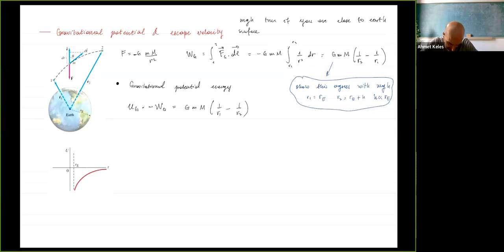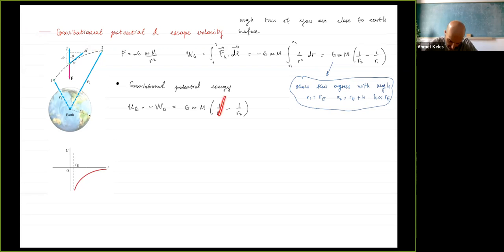And sometimes we say, okay, you can take the reference points. Take, for example, your reference point r1 to go to infinity. So what is your energy to bring an object from infinity to a position r2, right?